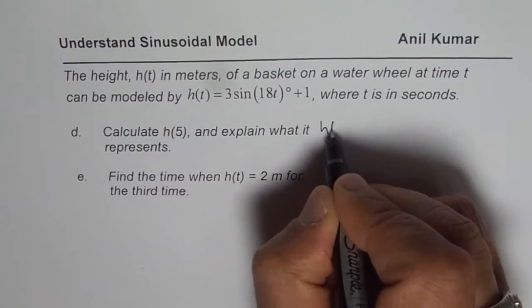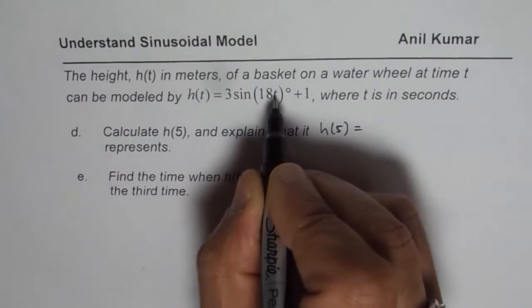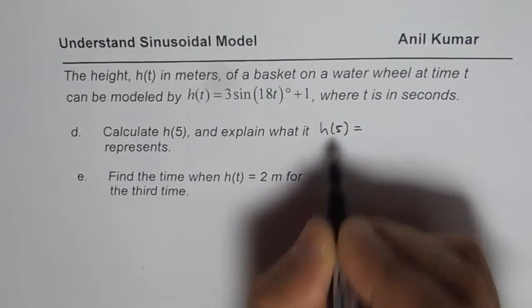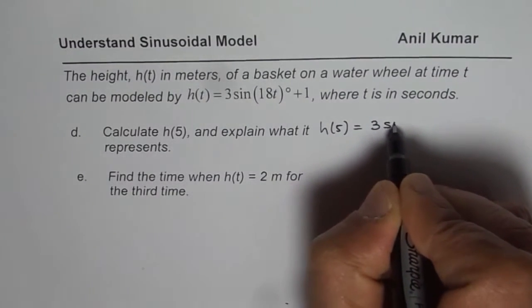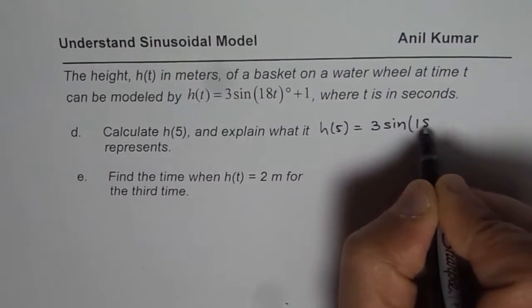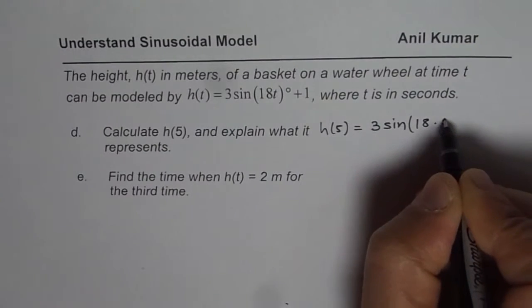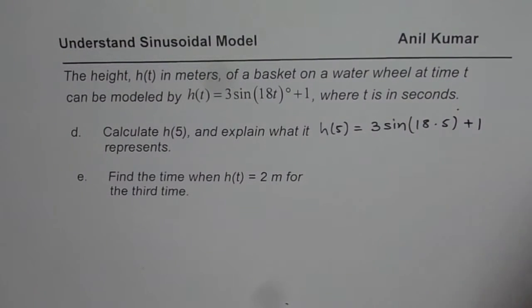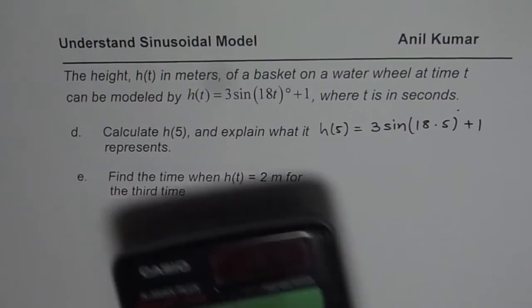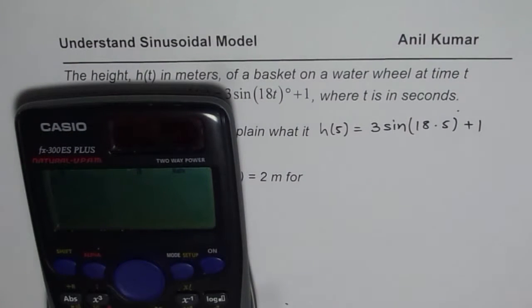So h of 5 will be equal to, replace time t with 5. So we get 3 sine 18 times 5, in degrees, plus 1. So we can use a calculator and calculate this answer. So we get 3 times sine within brackets 18 times 5, plus 1.